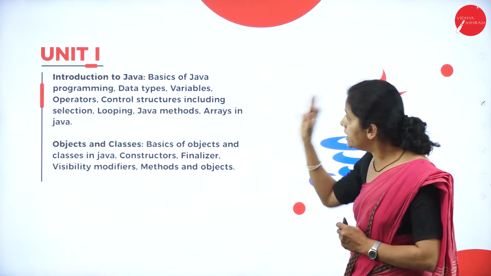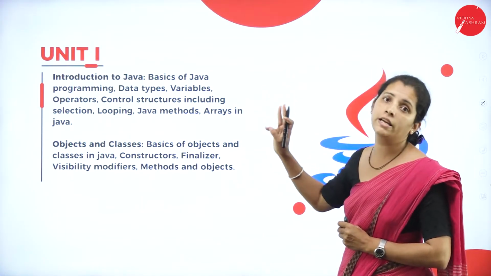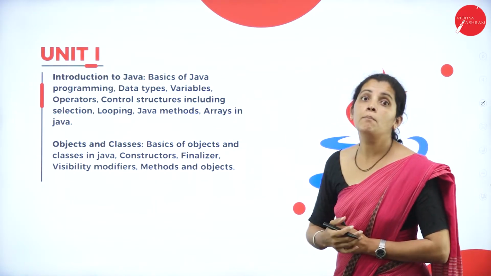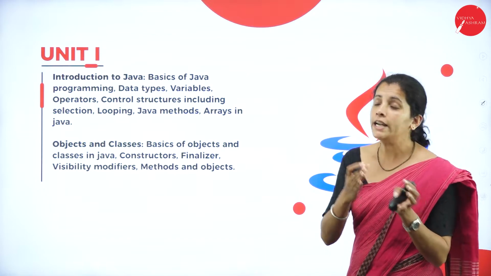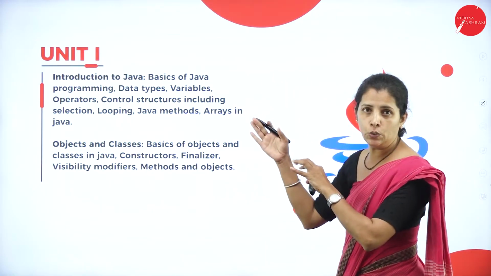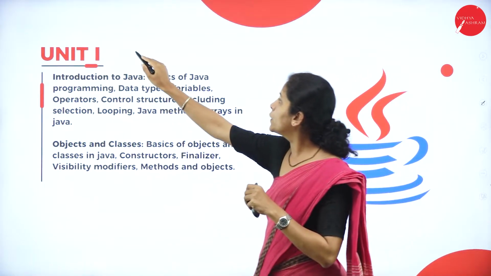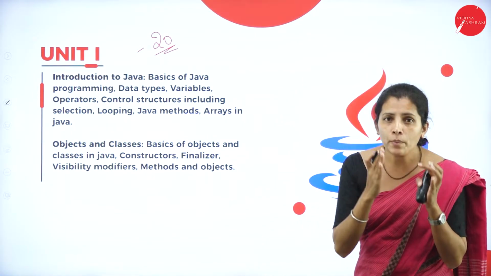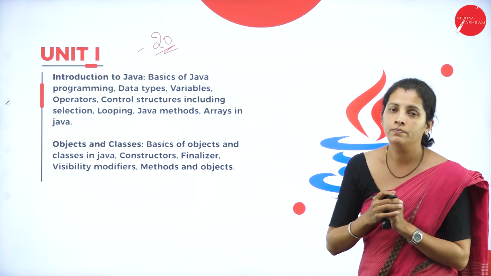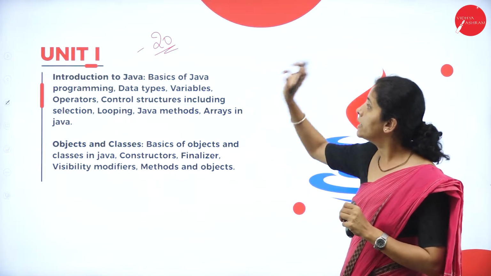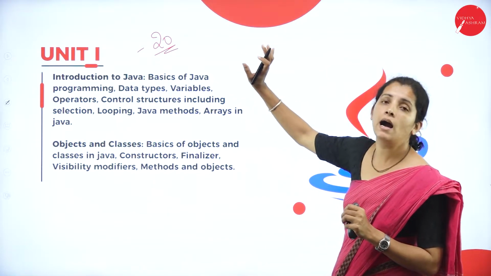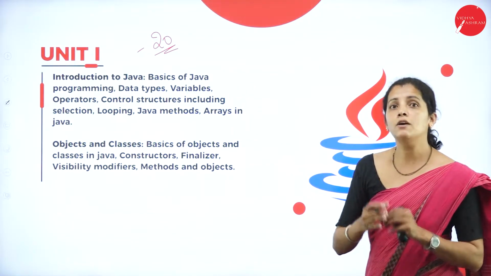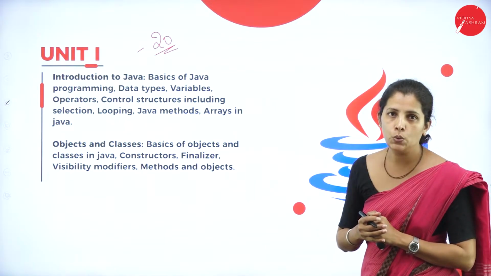And you need to study all 3 units, because the marks allotted for each unit are 20 marks. That means from each unit, I can get 20 marks. So, for that reason, I want to study all 3 units.